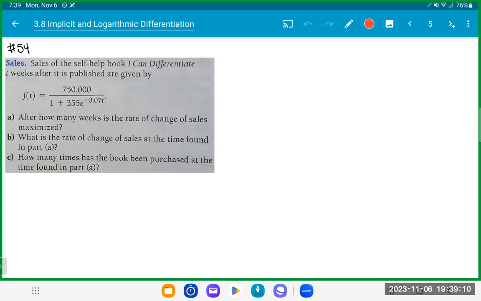Remember, to find the maximum rate of change, you want the x coordinate of the point of diminishing returns. So what I will tell you is there is a section in the textbook that says to solve this problem, we'll need to use the point of diminishing returns.